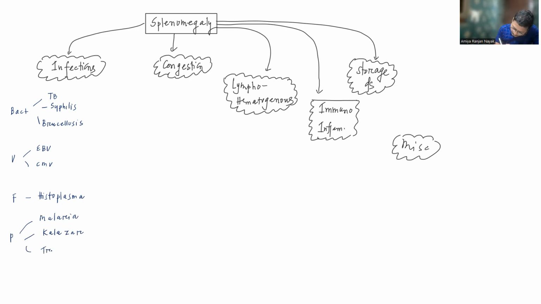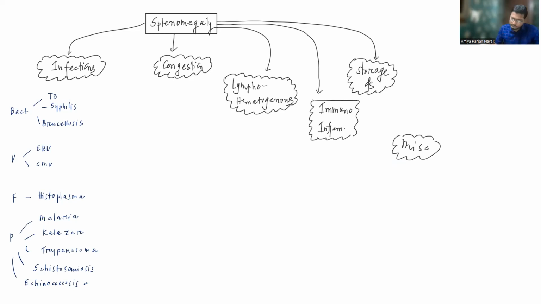Then trypanosoma infection, schistosomiasis, and echinococcosis. Echinococcus classically causes the hydatid cyst. Okay, so these are the various infectious causes, the important infectious causes which cause significant splenomegaly.